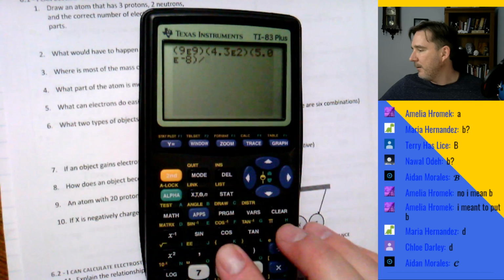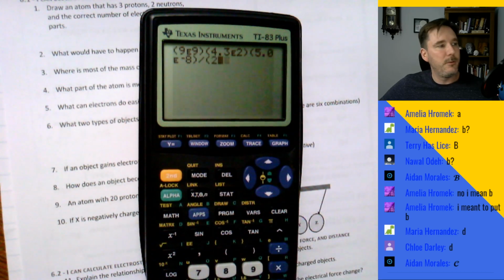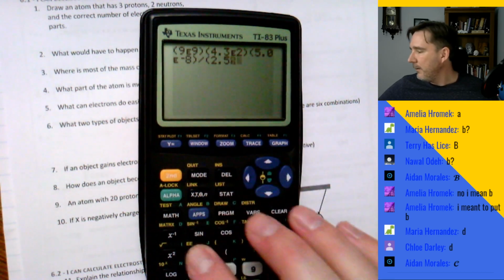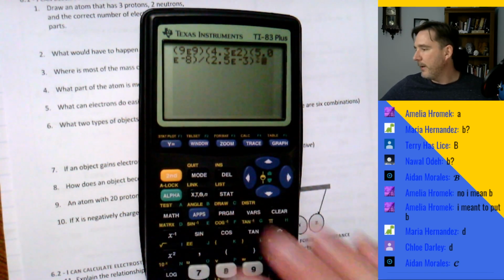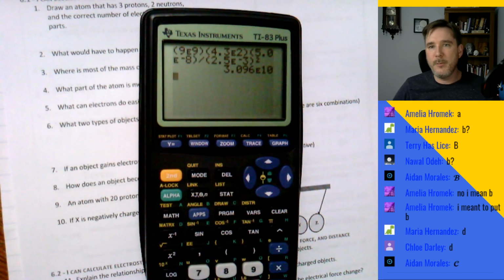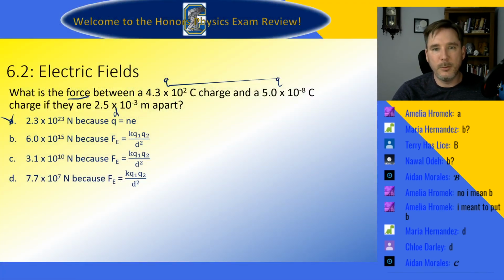They are a distance of 2.5 E negative 3, and don't forget to square it, ladies and gentlemen. So 3.1 times 10 to the 10th is what I want there. It's going to be C.